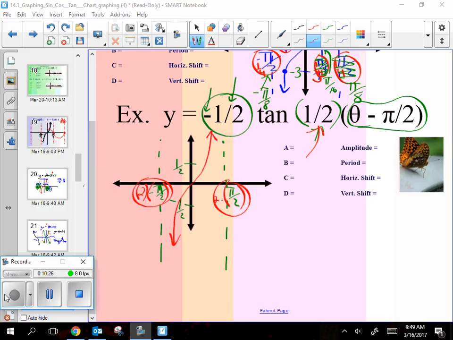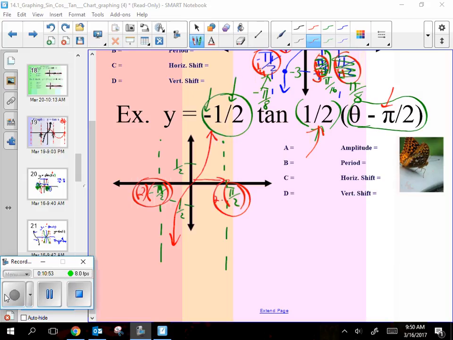All right, last thing to do, it needs me to shift it to the right pi over 2. And again, it's already been factored, so I don't have to worry about the whole, if you can factor it, you should. So that's moving to the right pi over 2. After I do the numbering, my numbering's already done here, and I know this distance right here is pi over 4. So this, if I shifted it over that far, would be moving it pi over 4.